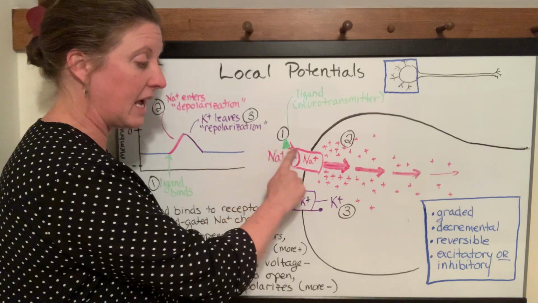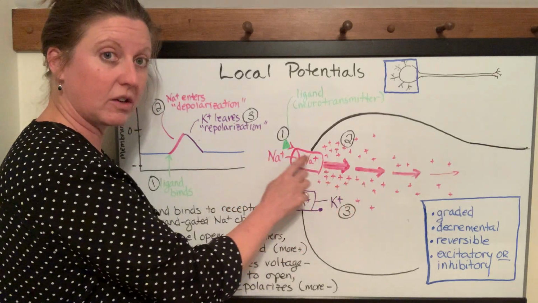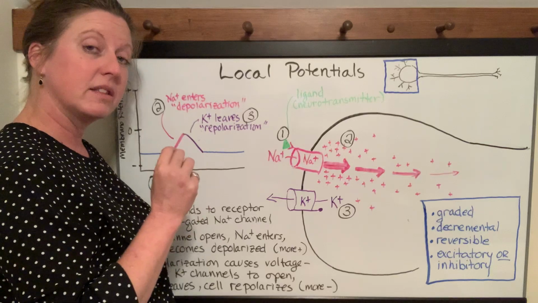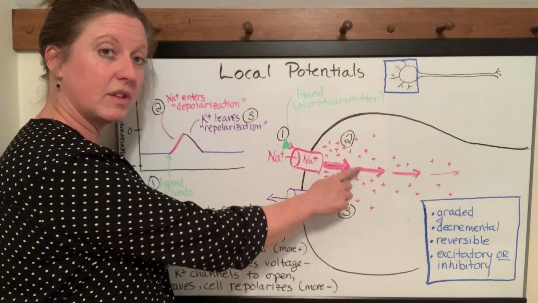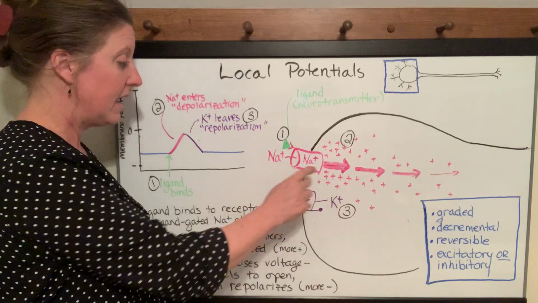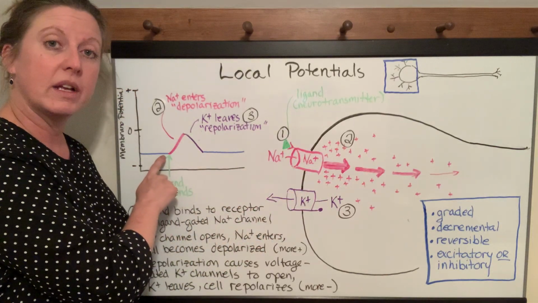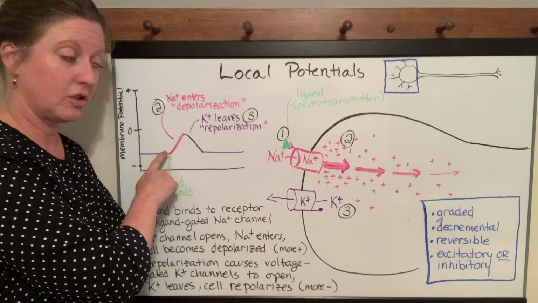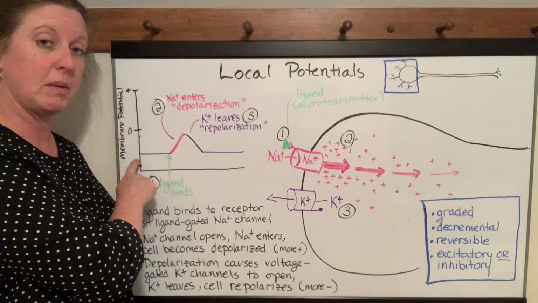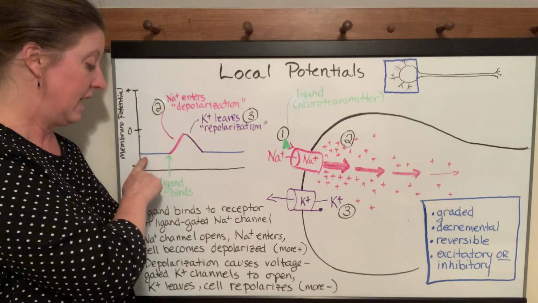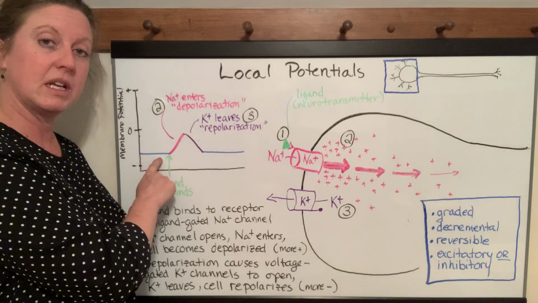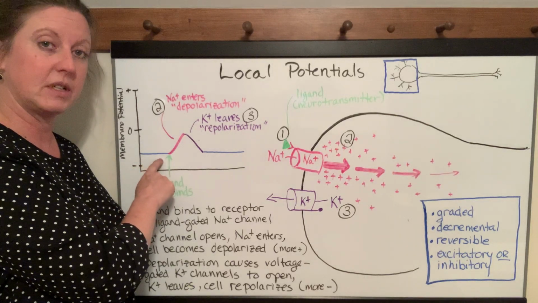Sodium moves from high to low concentration and goes into the cell. Because sodium is positively charged, it makes the inside of the cell more positive. And if we look over here at what an electrode would show us in terms of the charge in the cell, this is the membrane potential, with this being positive and this being negative. Here's our resting membrane potential. The cell is at this potential.